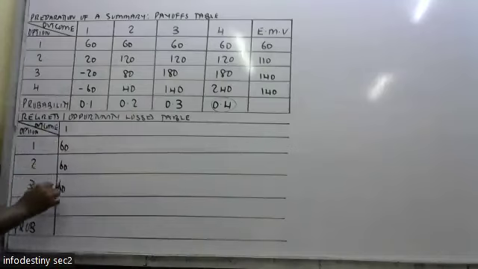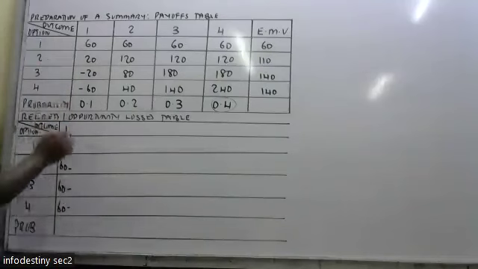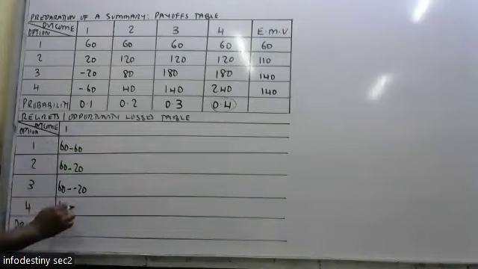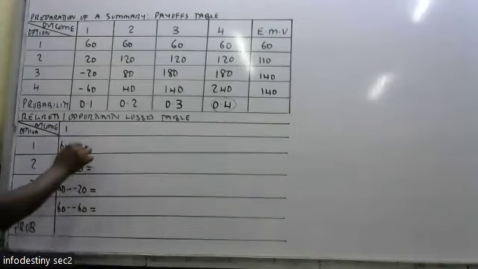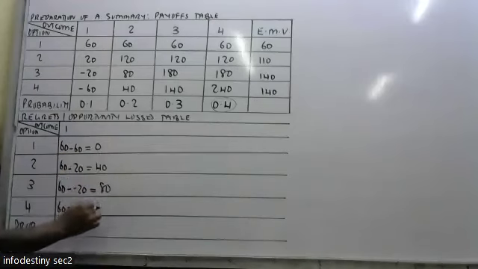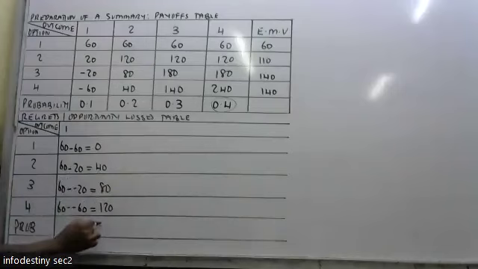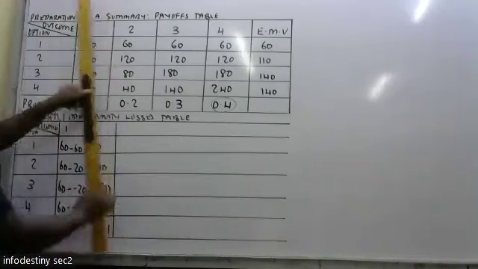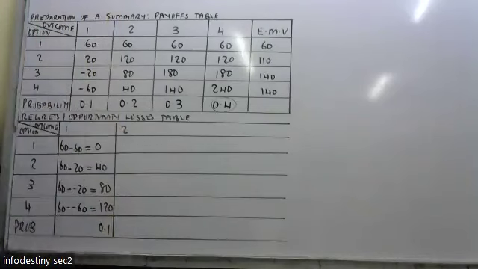So that 60 is written here, then you subtract all the others. So you subtract 60, you subtract 20, you subtract minus 20, you subtract minus 60. So this will be 0, this will be 40, this will be 80, this will be 120, and the probability is 0.1.